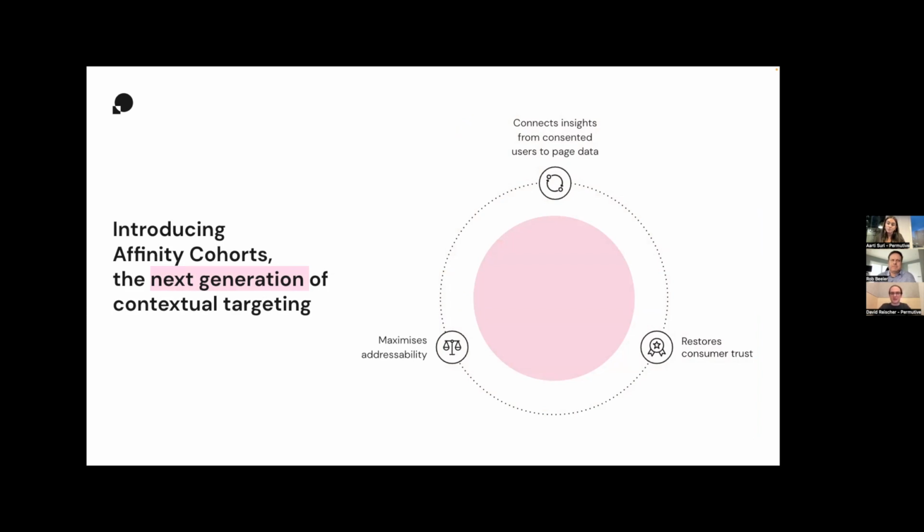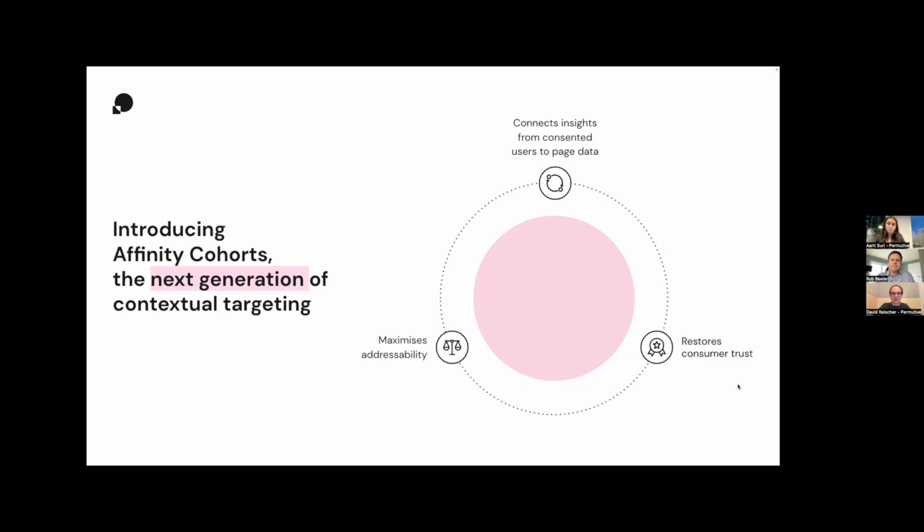This allows them to understand whether a given audience is more or less likely to engage with a given piece of content, and therefore make targeting decisions for opted out audiences. So affinity cohorts enable publishers to combine their unique audience data and their content to safely reach and monetize all users, regardless of them having opted in or opted out.